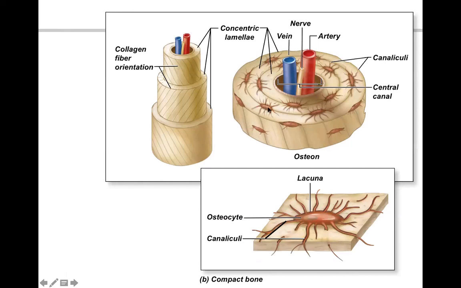You can see they have processes coming out, which are responsible for connecting one with the other. These are known as canaliculi. The osteocytes sit in lacunae. There are several lacunae, one after the other, and the canaliculi help to connect one with the other.